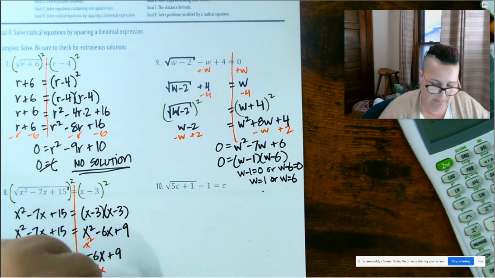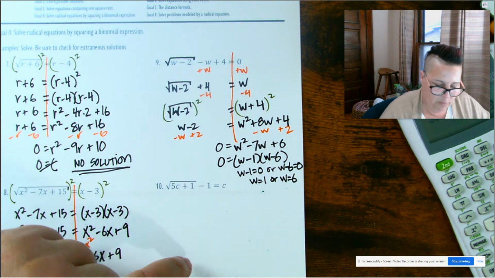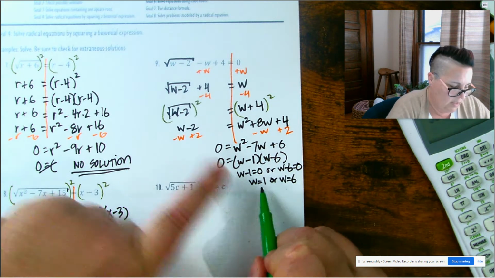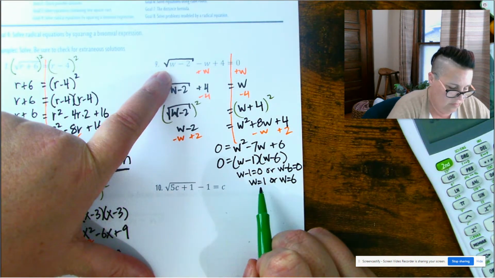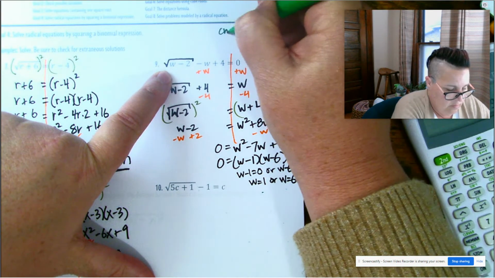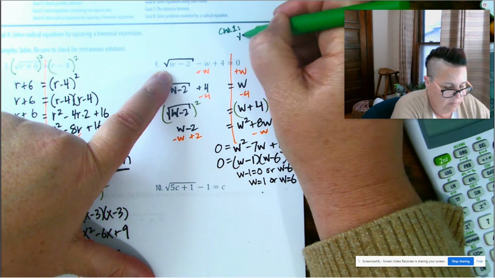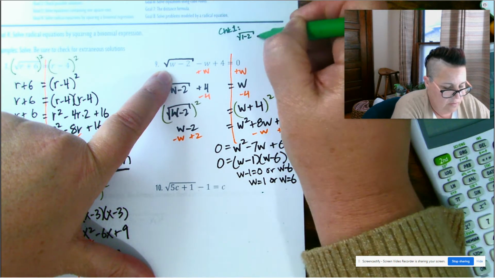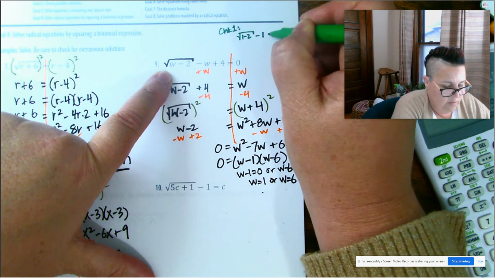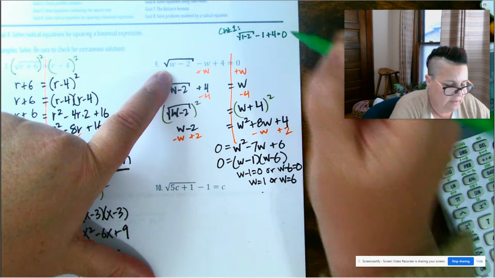Let's check them. If I put in a positive 1, I'm going to check 1 up here. If I check 1, then I have the square root of 1 minus 2 minus 1 plus 4 is equal to 0.